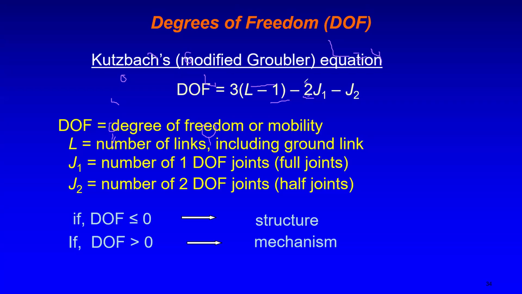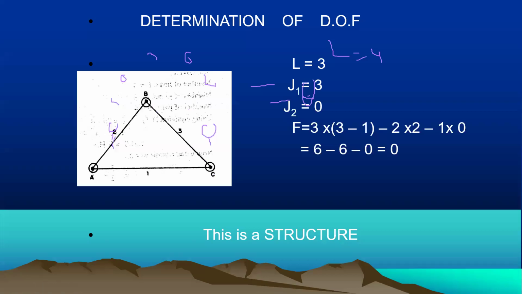Remember, this is supposed to be 2, not 3. That's where in the other example I was making a mistake. Let's go back. In that example, this is supposed to be 3, not 2. So you've seen the mistake. It's supposed to be 3, because it is 2.